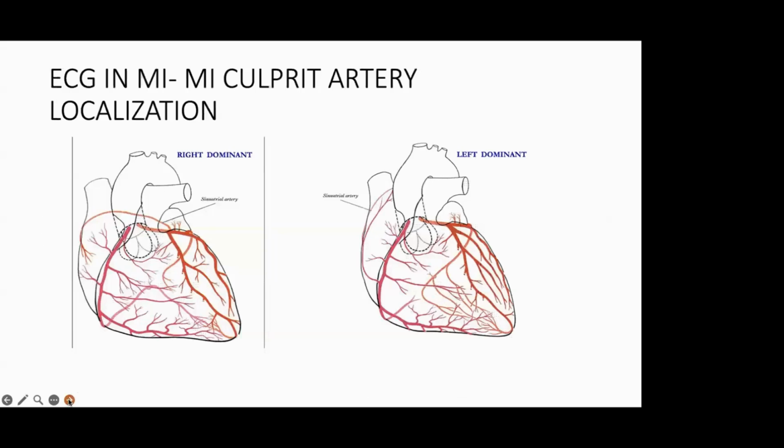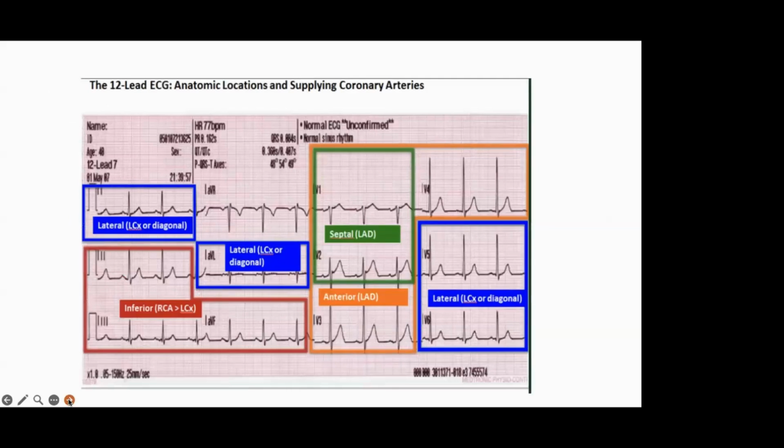localized. So ECG in MI culprit artery, usually you also know there are 3 coronaries: LAD, left anterior descending, left circumflex, and right coronary artery. So the ECG leads which represent these territories are, in septal, V1 and V2.